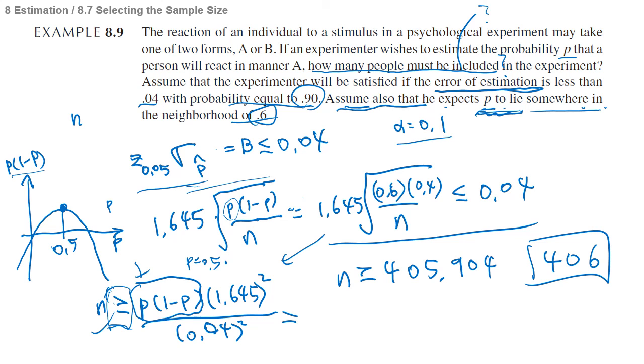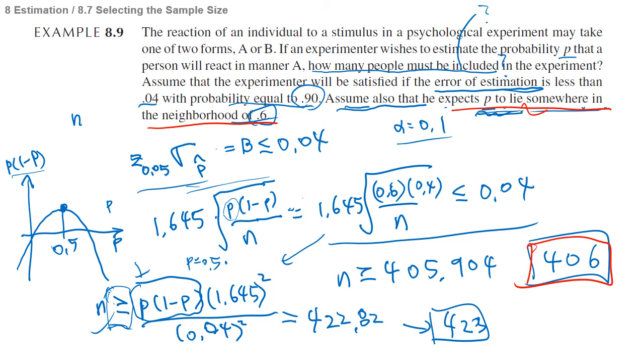If we put 0.5 in for p, then we will get the value of 422.82. So if we don't have this additional information, the sample size we need is 423.